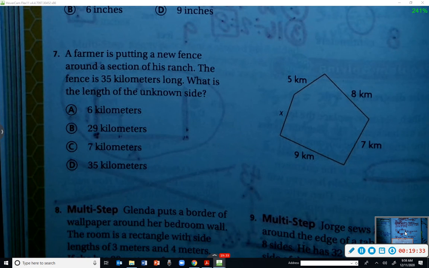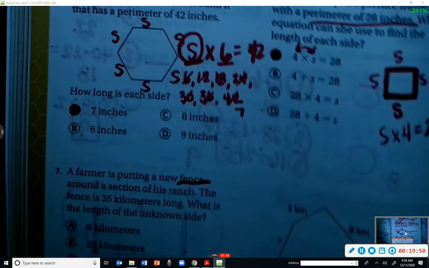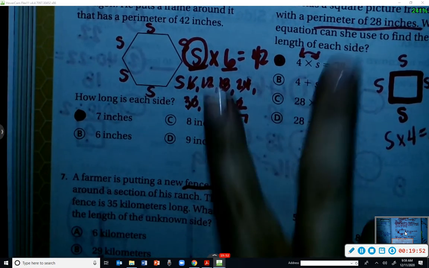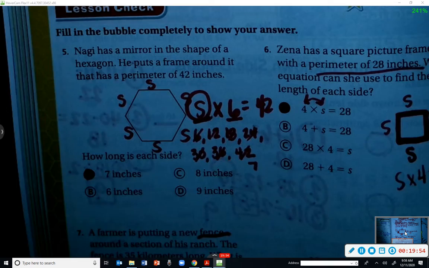Allie? What do they always use in the word problems? They talk about fencing. They talk about border. They talk about a frame. They talked about picture frames on both of these. They talked about fencing on this one.